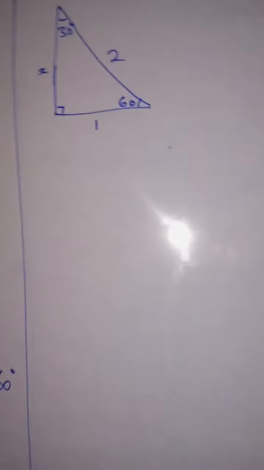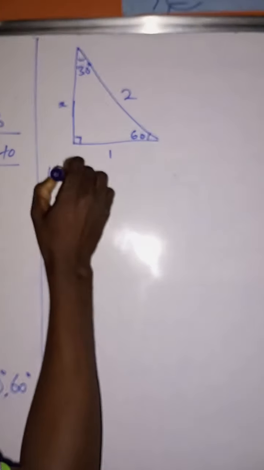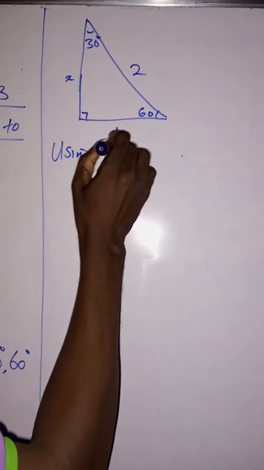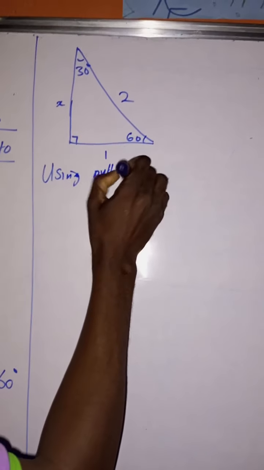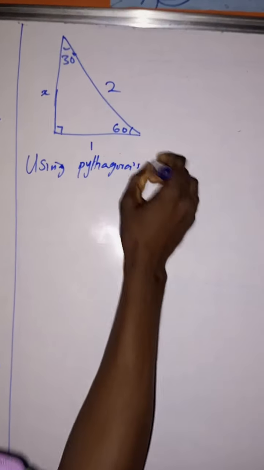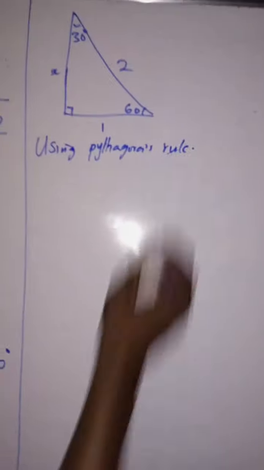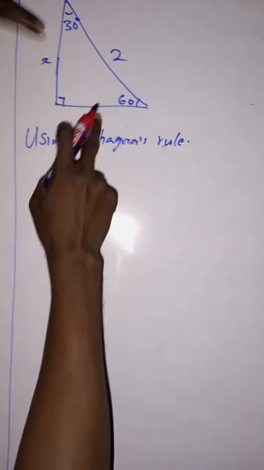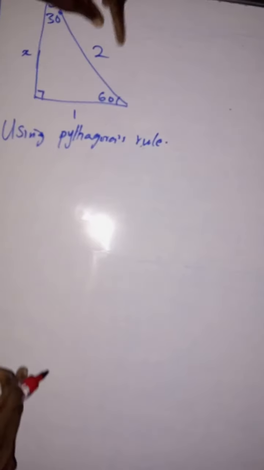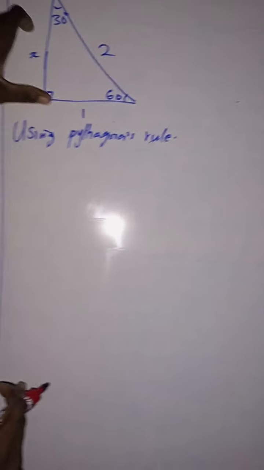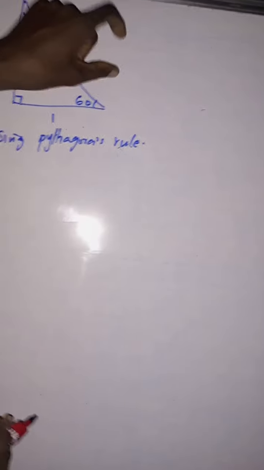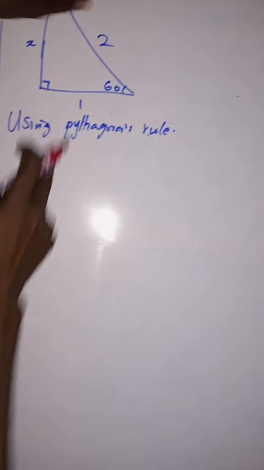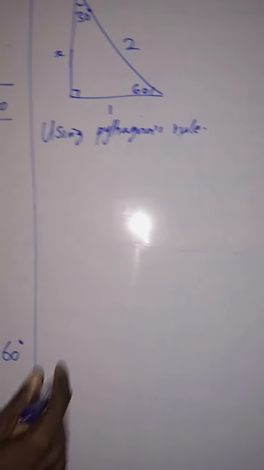So using Pythagoras theorem, the rule of Pythagoras says the sum of the squares of the two sides is equal to the square of the hypotenuse.